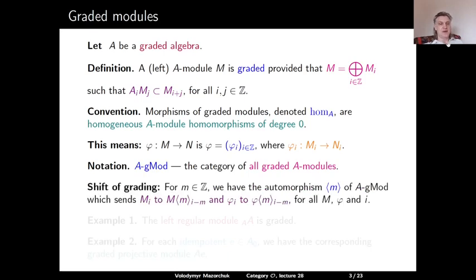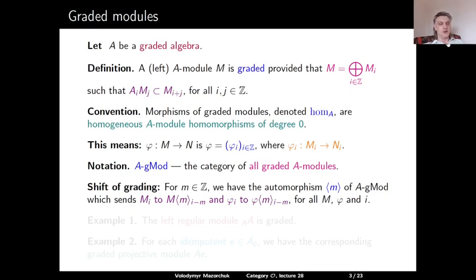This category has a family of automorphisms indexed by integers which shift the grading. The automorphism <m> is the automorphism of A-gmod, which takes a graded A-module M and produces the graded A-module M<m>.